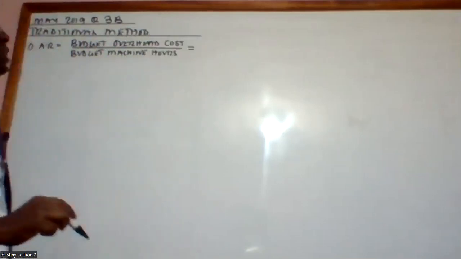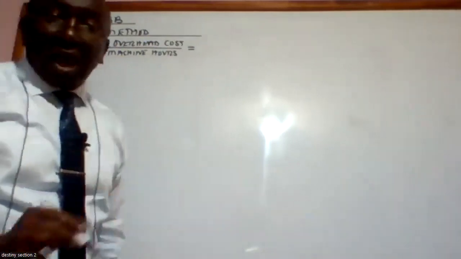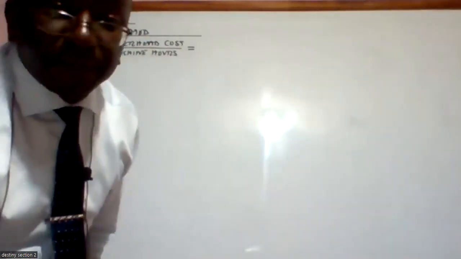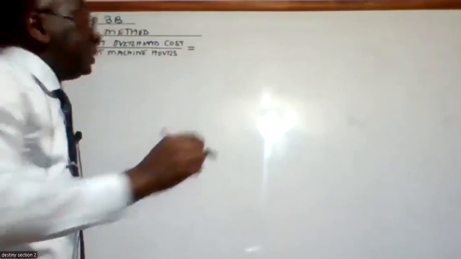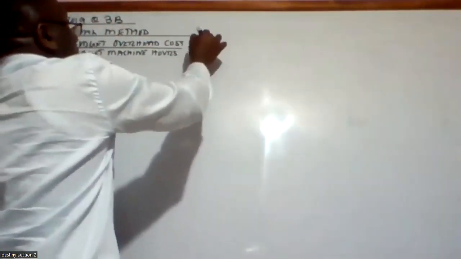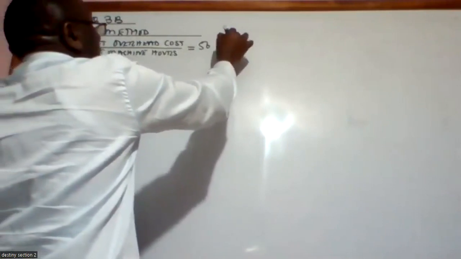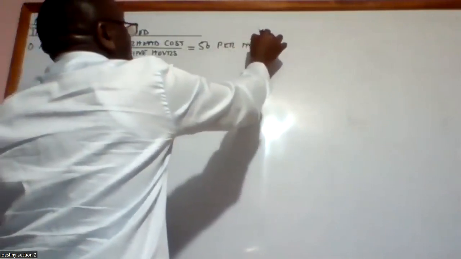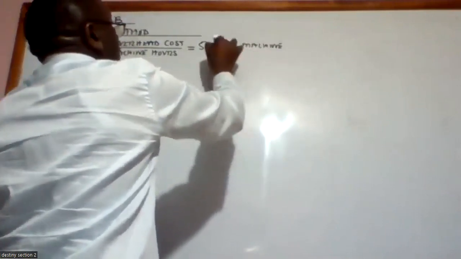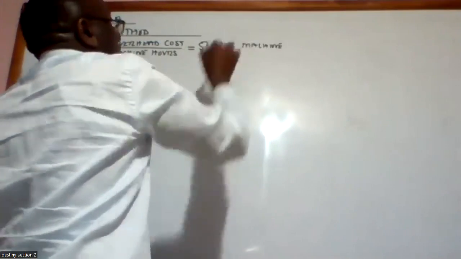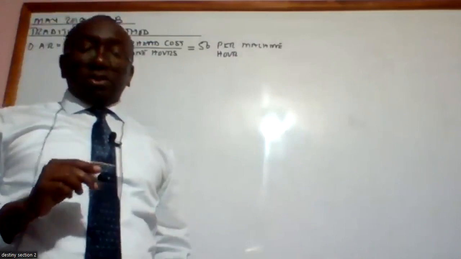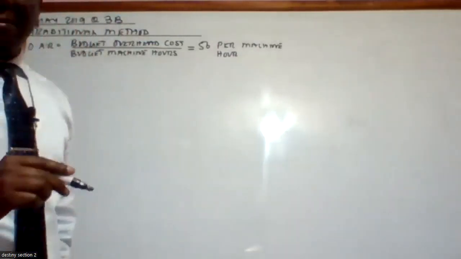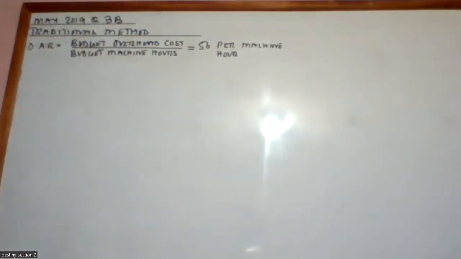And the budget machine hours, the question has already mentioned to us that it is shillings 56 per machine hour. I mean, the answer is 56 per machine hour.